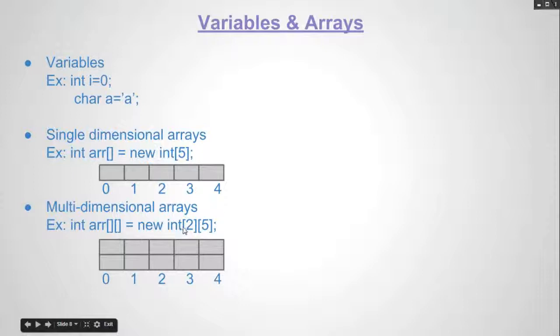In multi-dimensional arrays, we can define how many rows and how many columns. Here we have 2 rows and 5 columns, so this also holds 2 into 5, 10 values. This is a 2-dimensional array. Similarly, you can define up to n dimensions, such as 3-dimensional or 4-dimensional arrays.